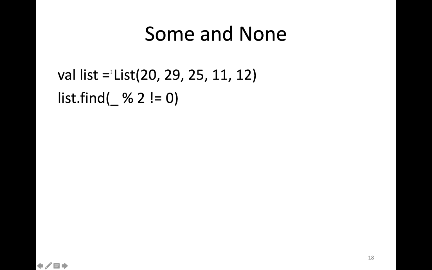Say this is a list which has some arbitrary integers, and now we are trying to find whether this list has an integer whose remainder when divided by 2 is not 0. That means, in other words, we are trying to find an integer which is an odd number in this list, right?